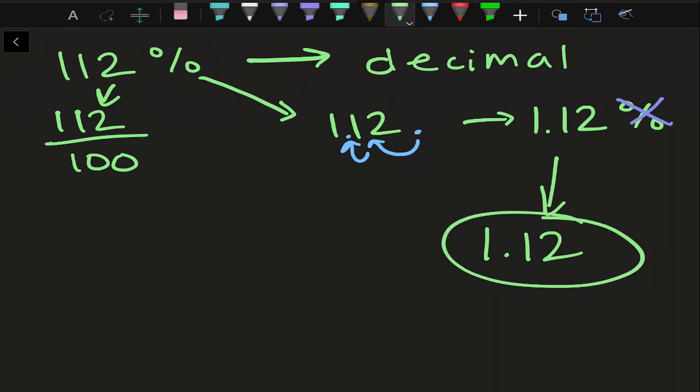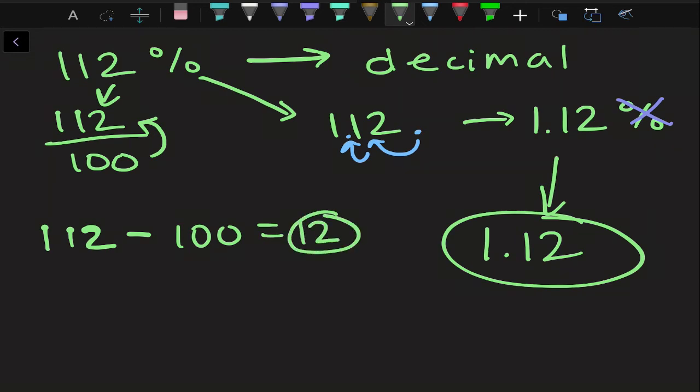Now we can think about if this makes sense. So how do I do that? Well, I go back to this equation here. So I know 100 is going to go into 112 once. So 112 minus 100 is equal to 12. Okay, so I have a remainder of 12.